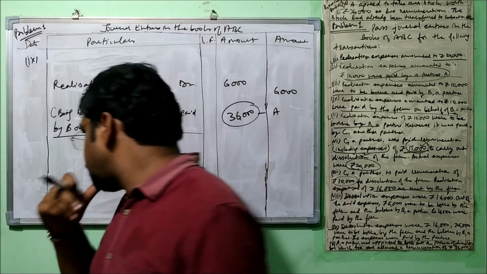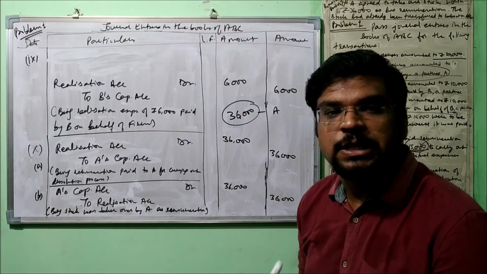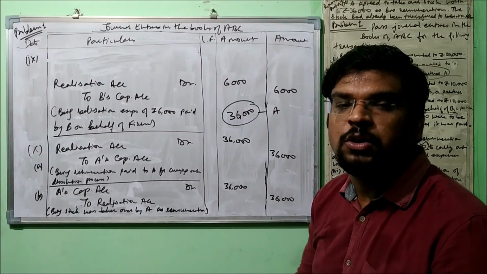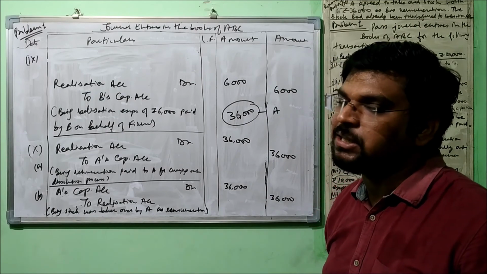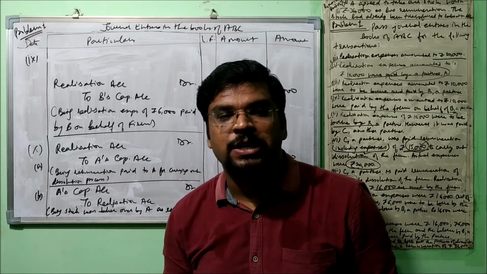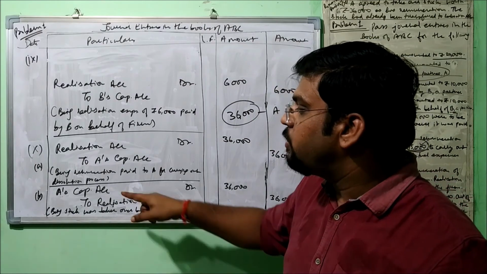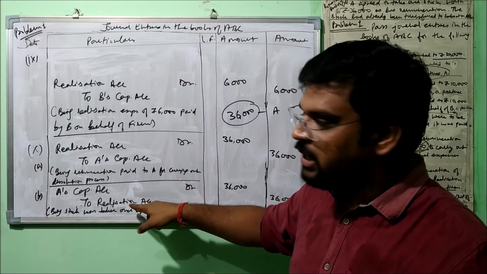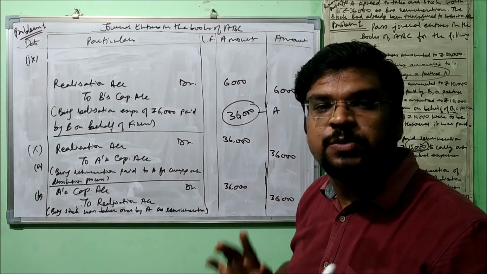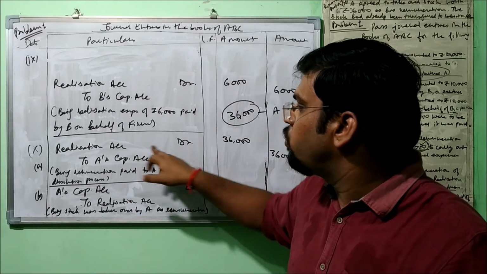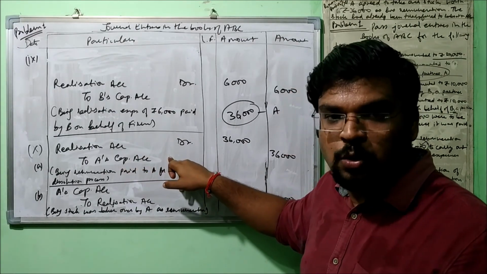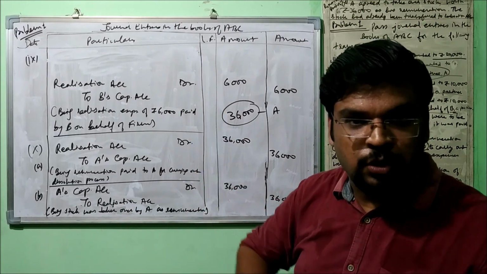I will show you. So, there are two options in this kind of transaction. One, there will be no entry passed, but another alternative treatment: if you want to pass the entry, there will be two entries passed here. I will explain how. First entry will be for remuneration. As the remuneration will be an expenditure of the firm, realization account will be debited to A's capital account, because the liability will arise on the firm.